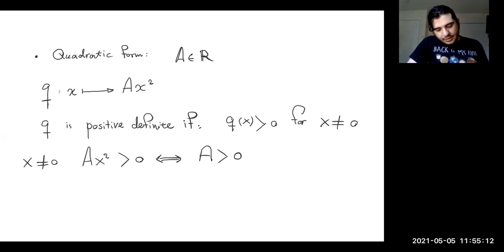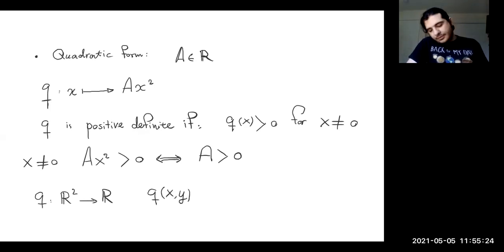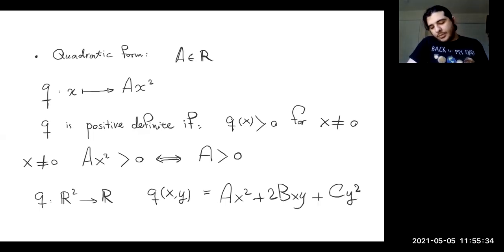Let's suppose Q is a quadratic form from R squared to R. It takes two real numbers, say x and y, and the value is defined as ax squared plus 2bxy plus cy squared. This number 2 is just merely for convention.